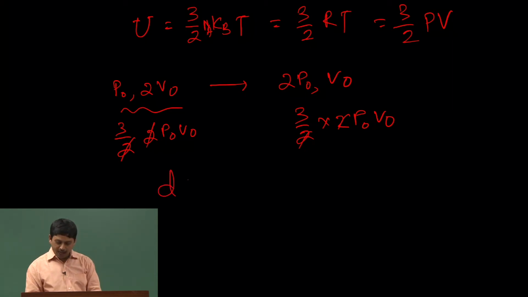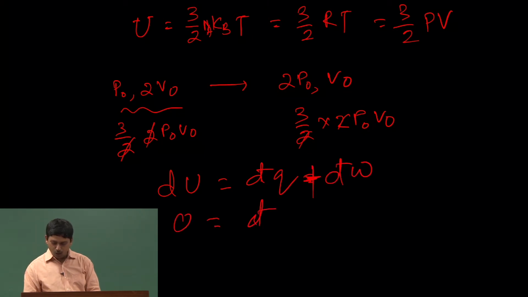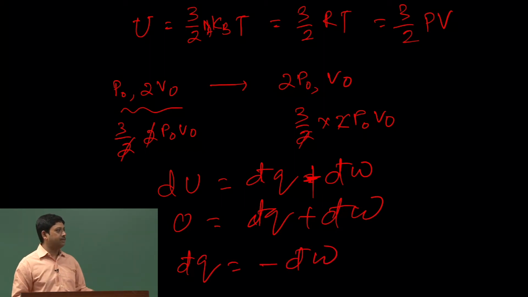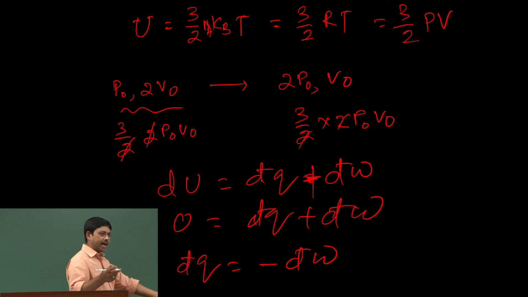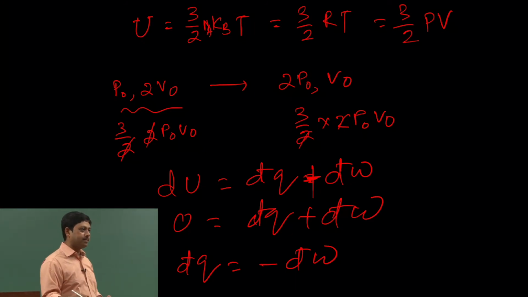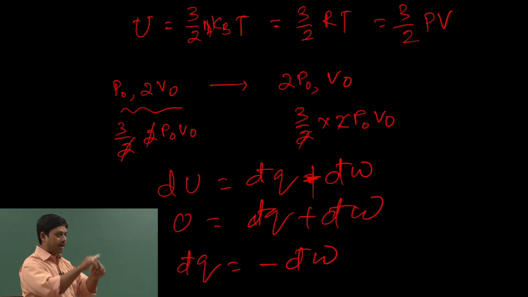So, when you write dU equals dQ plus dW, and this turns out to be 0, it means that our dQ is minus dW. So, whatever we calculated for dW, minus of that was actually produced as heat in those two paths.